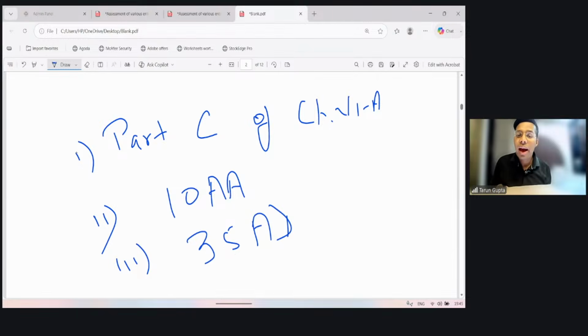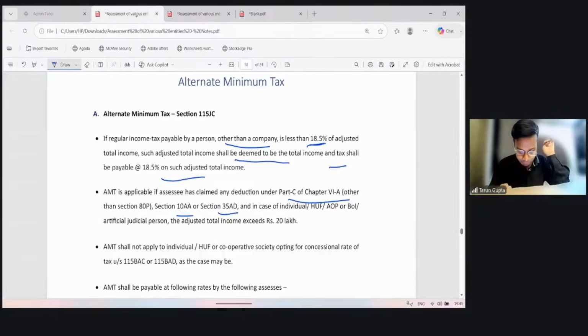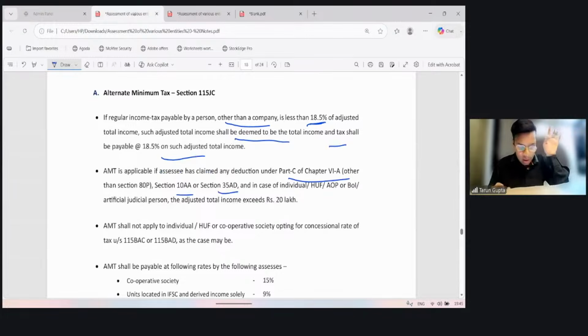Okay. If the assessee has claimed any of these three, then you have to compute AMT even if the question is silent about the AMT. So, AMT is applicable if the assessee has claimed deduction under Part C of Chapter 6A other than Section 80P, or 10AA or 35AD, and in case of an individual, HUF, AOP, BOI or AJP, the adjusted total income exceeds 20 lakh.